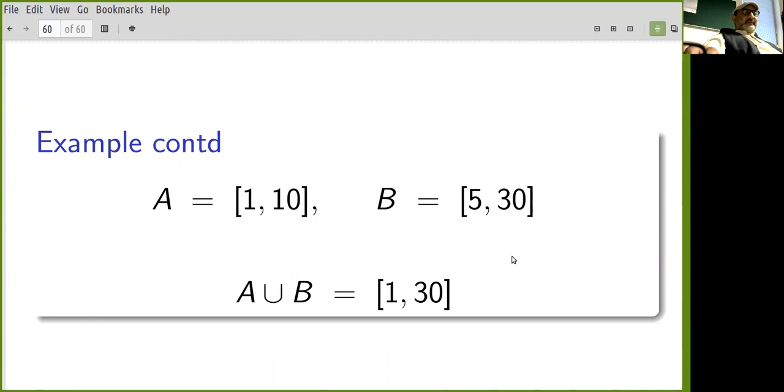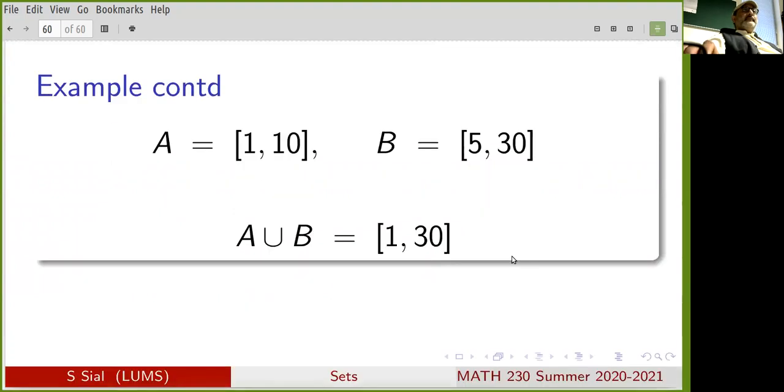The union of A with B is the event that the time till failure is between 1 and 30 time units. All right, so that was a brief review of the set theory that we are going to need in this course.